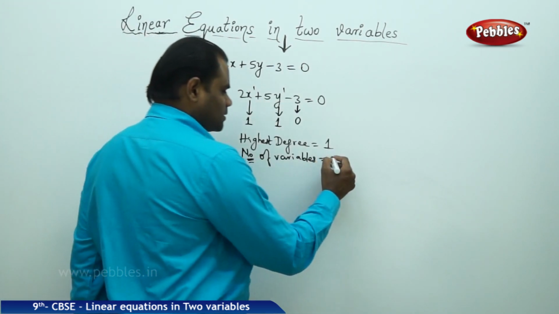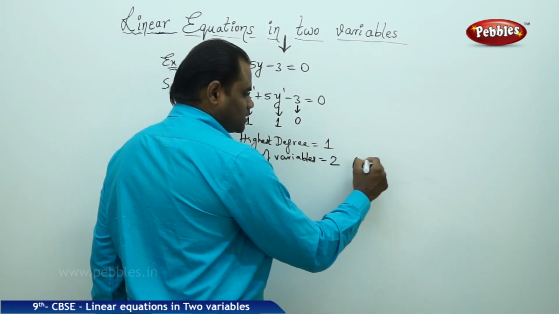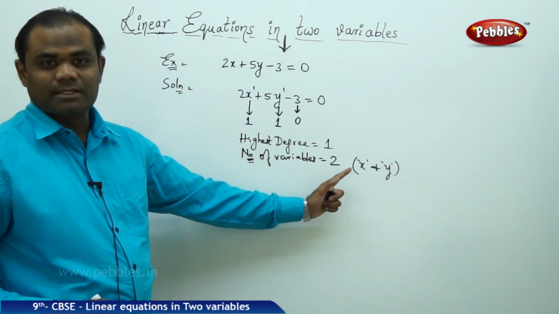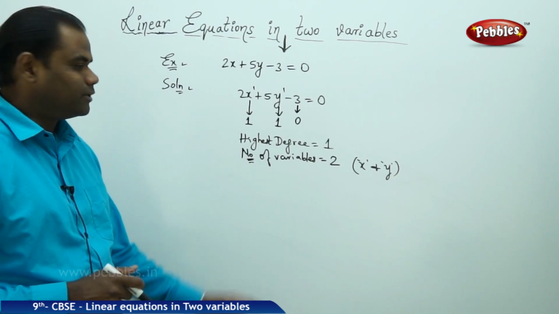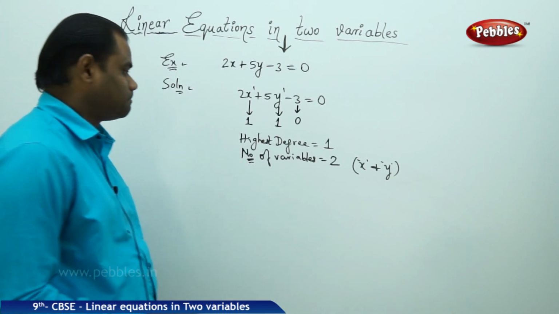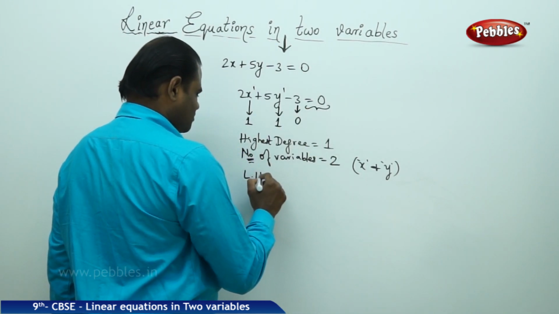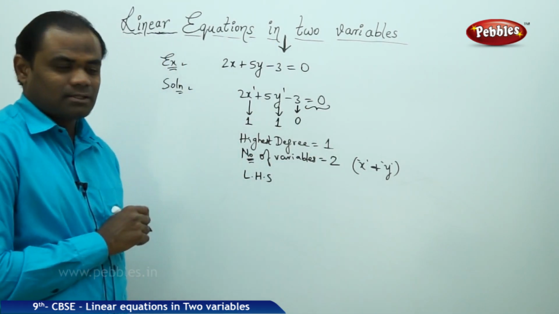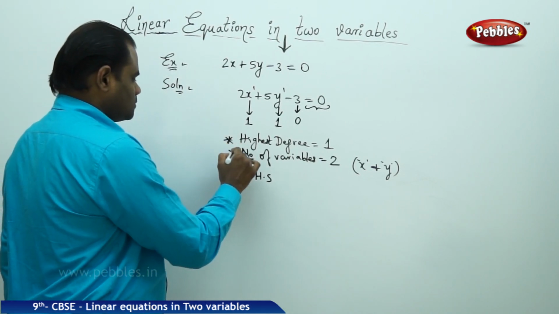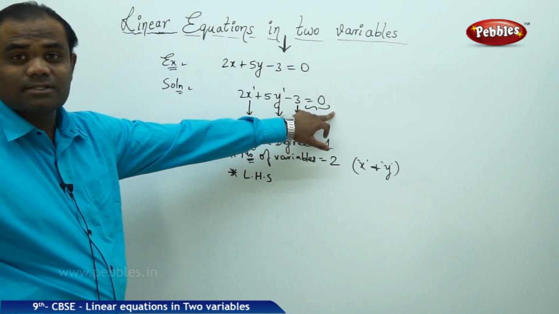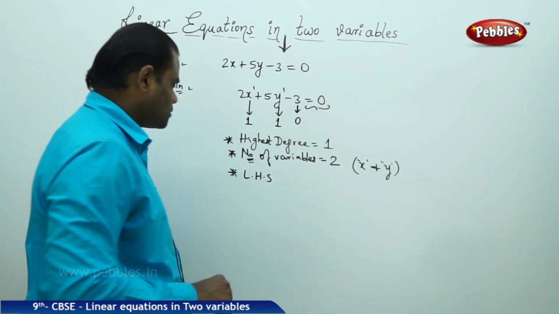Therefore, I have two variables, x and y. Therefore, the number of variables is 2, which is the rule I identify in the given problem. The rule 3 is that the left hand side of the polynomial is equated or can be equated to 0.